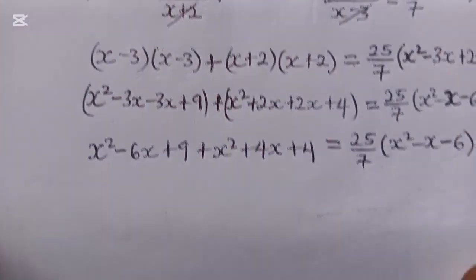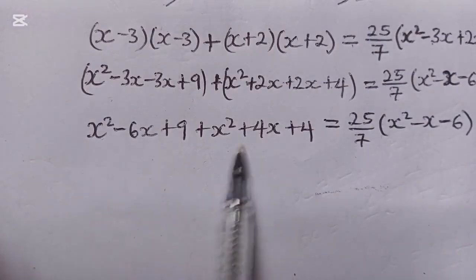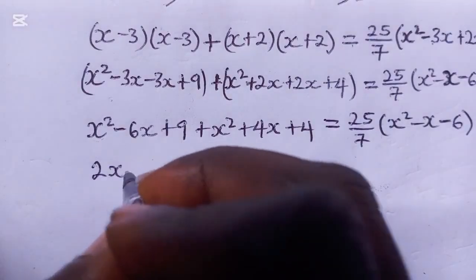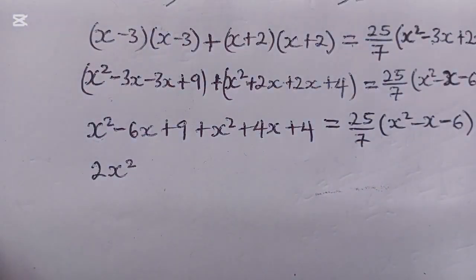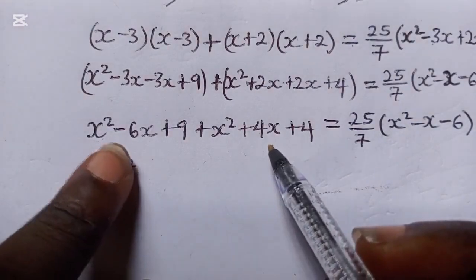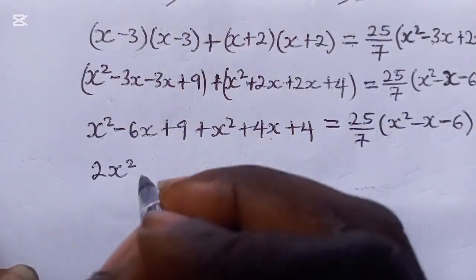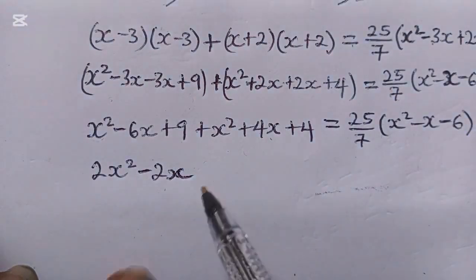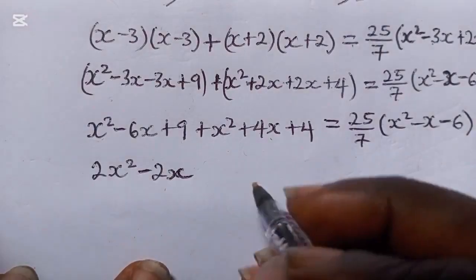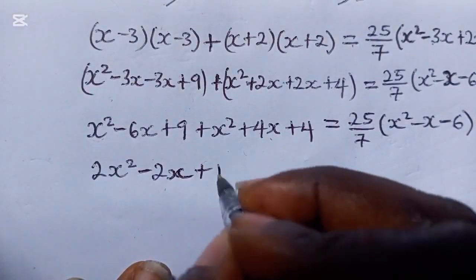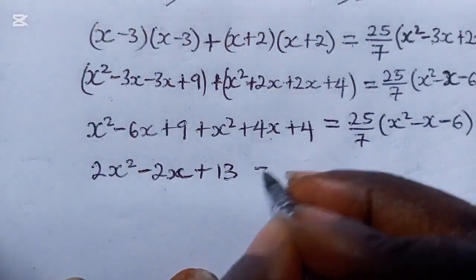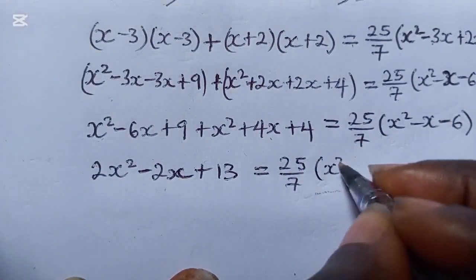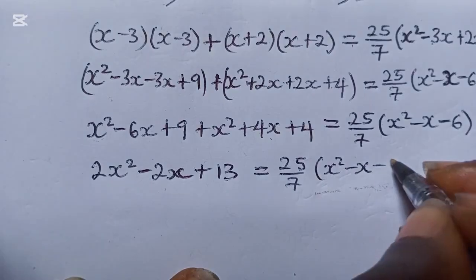Okay, so next step here now is we collect the like terms. x square, so we have 2x square. Okay, minus 6x plus 4x gives us minus 2x. Then we have plus 9 plus 4, that gives us plus 13, equals to 25 over 7 into x square minus x minus 6.